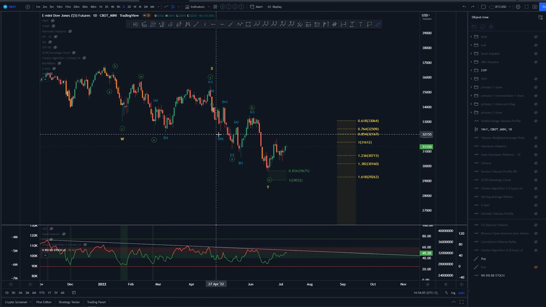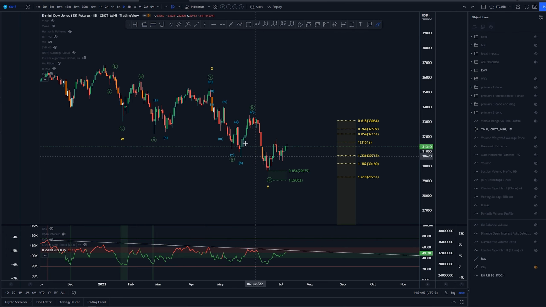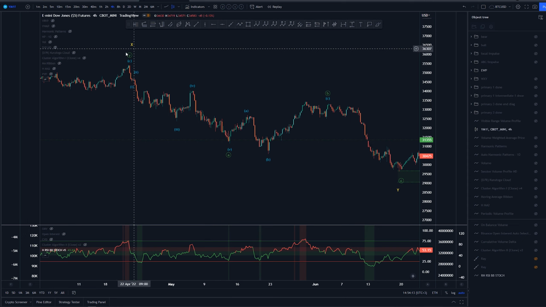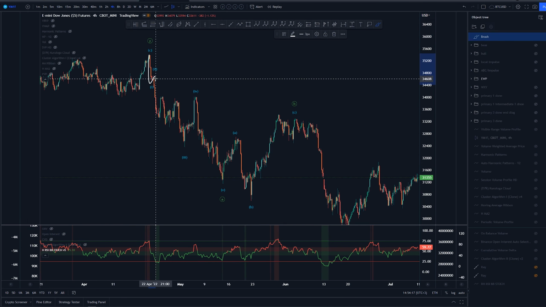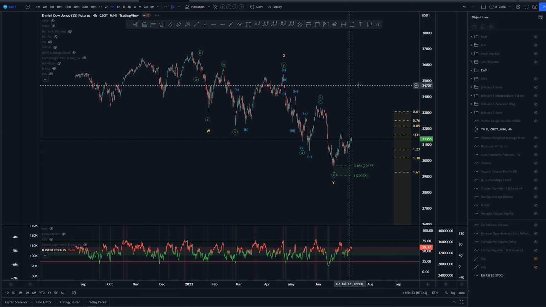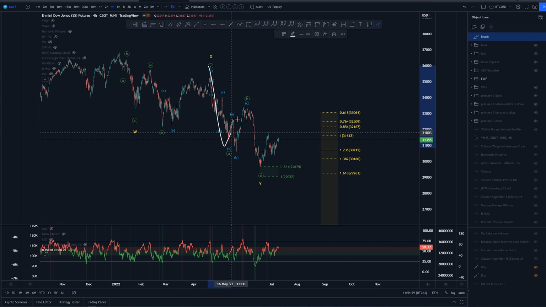The only thing that I don't like is this structure here for the A wave of this wave Y, in which again we have, or at least I've labeled it as this 1, 2, then this weird structure would be 3, 4, and 5. And this is basically a structure that I had to place in for us to get an ABC here.